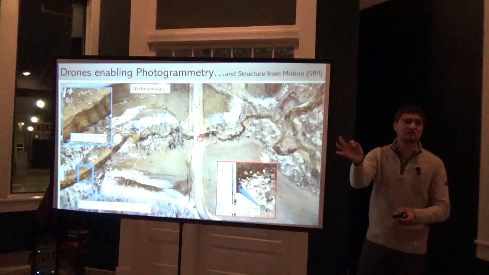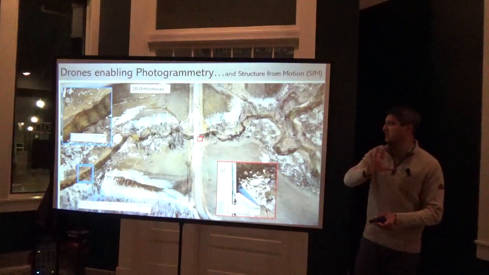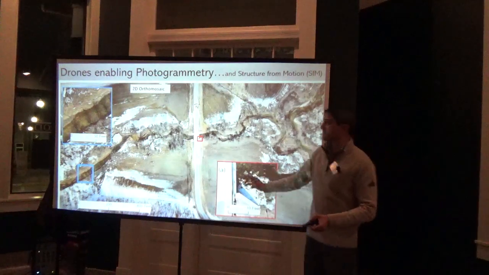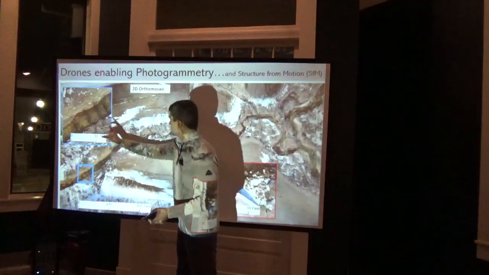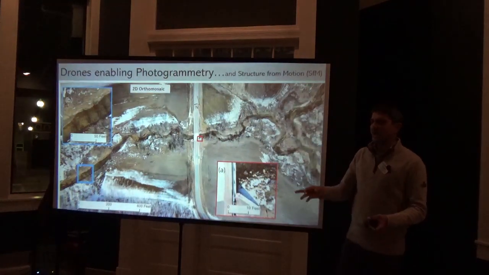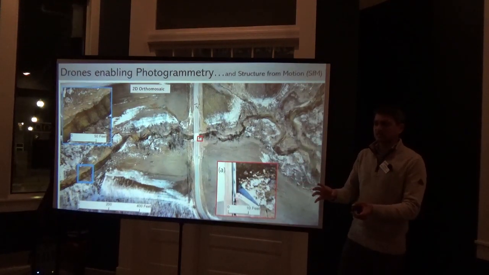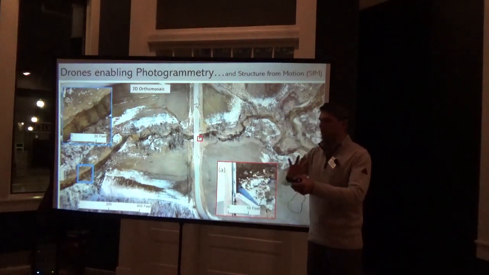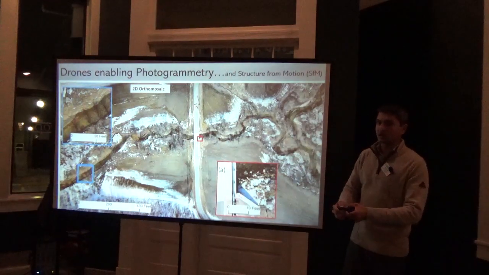Pixel size is 1 centimeter, very accurate. If you want to measure distance, in the software you click here, you click there, 100 feet, 108 feet, and that 2D distance is going to be very accurate, like 1 or 2 centimeter accuracy. If you want to calculate area, it's a very accurate calculation of area.